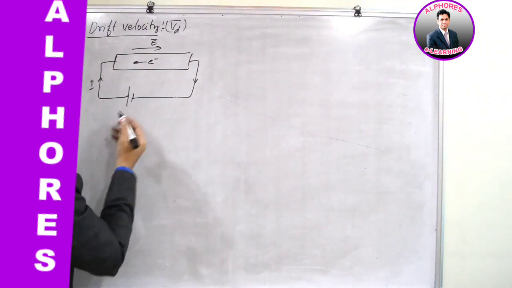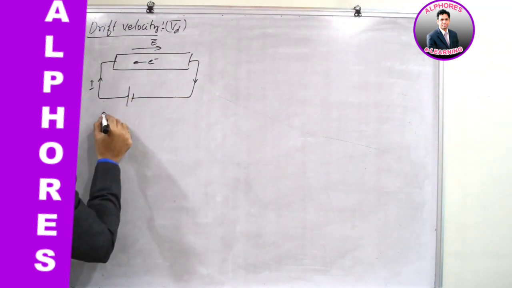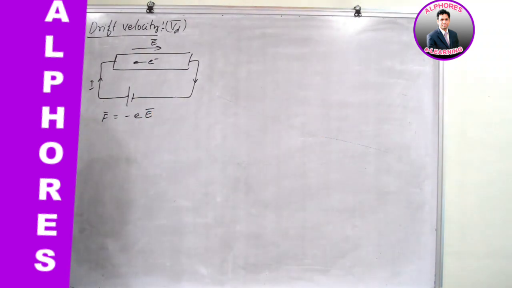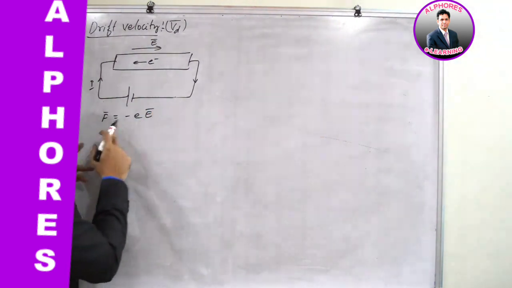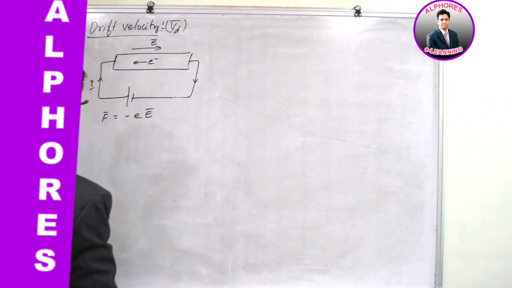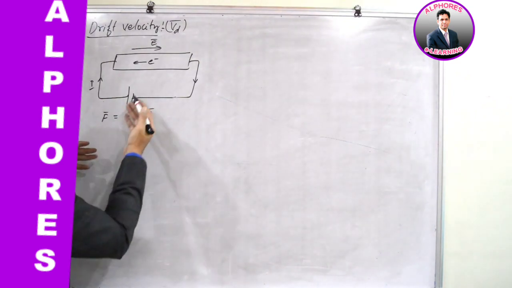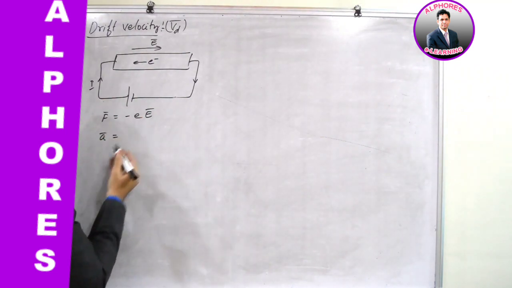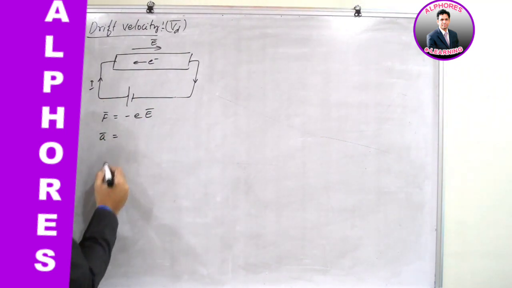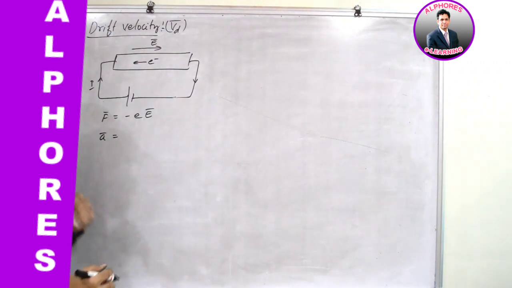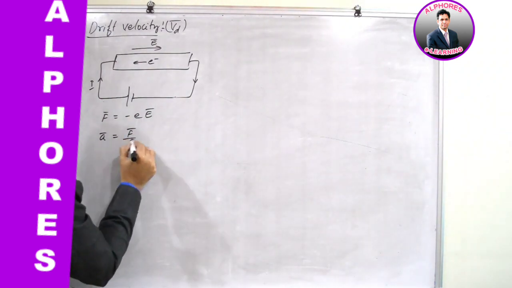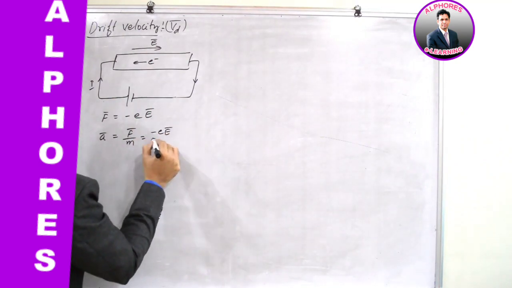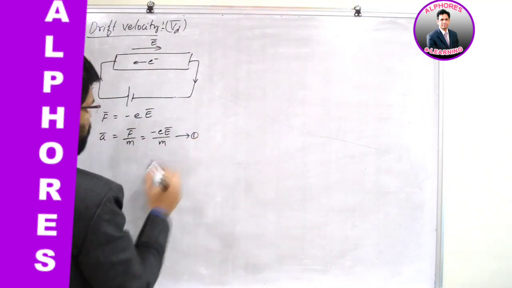If I want to know the force experienced by this electron, it can be written as F equal to minus e E bar, isn't it? F equal to EQ. If it is experiencing a net force, I can talk about the acceleration experienced by the electron. How much will this acceleration be? Acceleration is equal to force divided by mass, F bar by the mass of the electron. F bar is minus e E bar, so a bar equals minus e E bar by m. Let us take this as equation number 1.